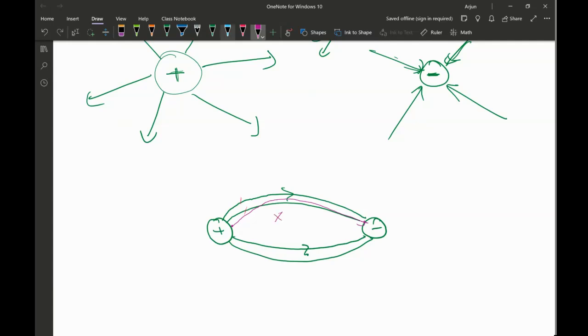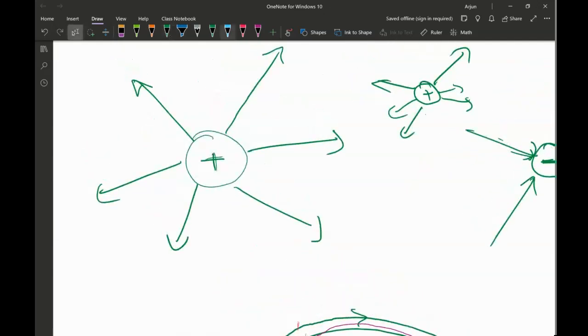Another thing I want to tell you about electric field lines is that they are denser closer to the charge itself, and as you move away from the charge, they become less dense. That can be shown down here. If I draw multiple electric field lines coming out of this, and take a section, here in this section I can have one, two, three, four electric field lines.